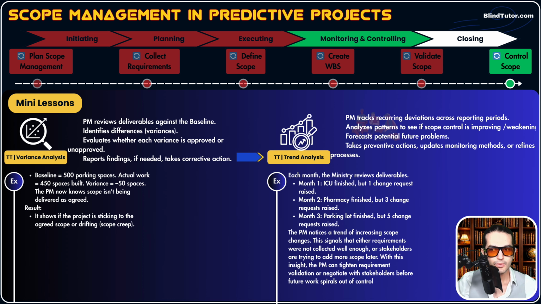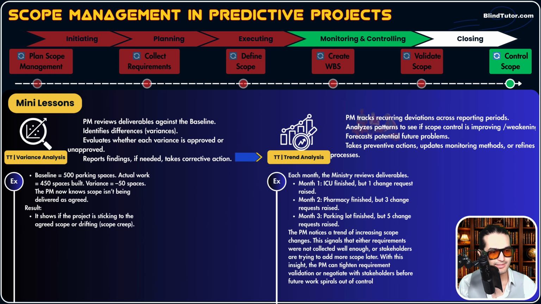So in step 4, you take preventive actions, update monitoring methods, or refine processes. You take some actions to prevent this. So let's go back to our example. The PM notices a trend of increasing scope changes, 1, 3, 5. Now, this signals that either requirements were not collected well enough.